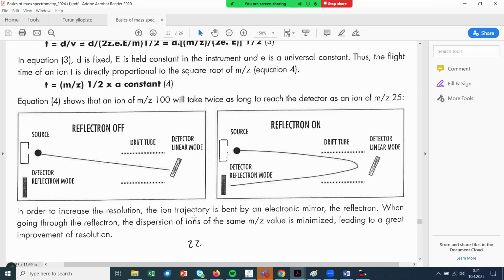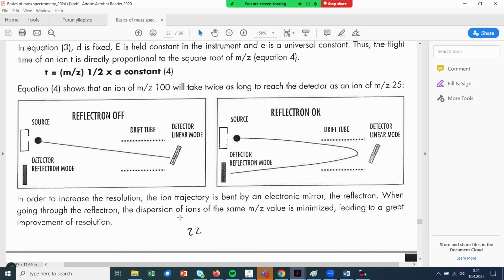And this leads to a great improvement of resolution. Why the dispersion is minimized is that this reflectron takes away the differences in kinetic energy of the ions of the same m/z value. And the resolution will be better because of that.